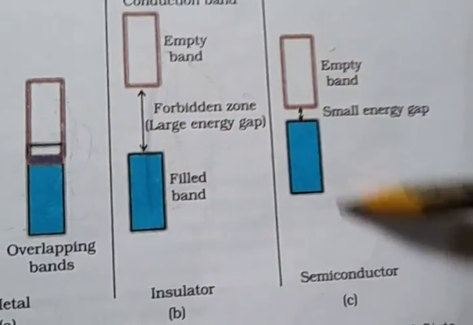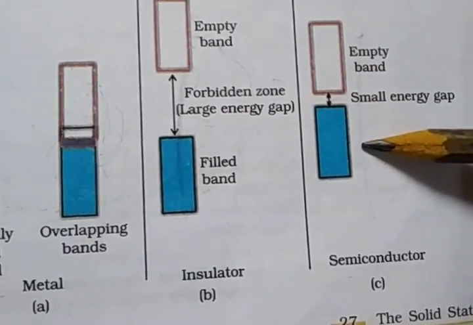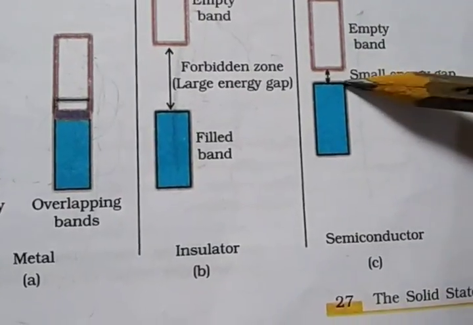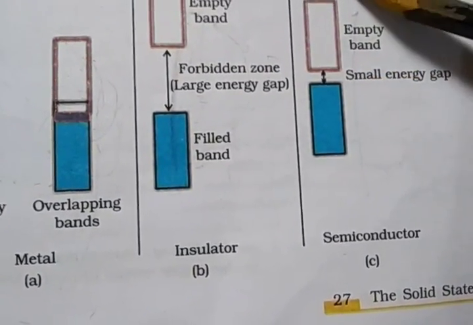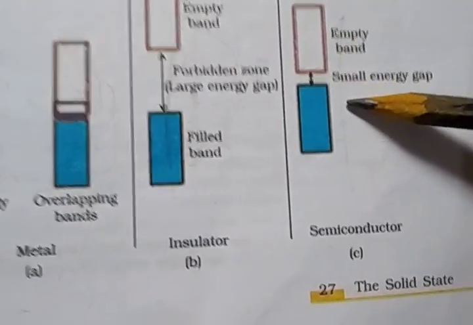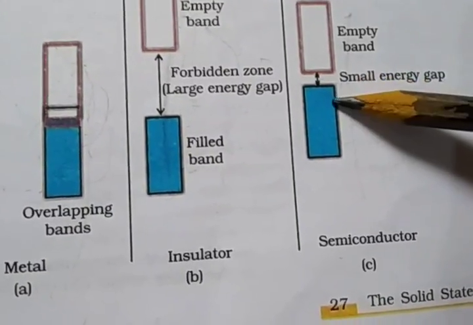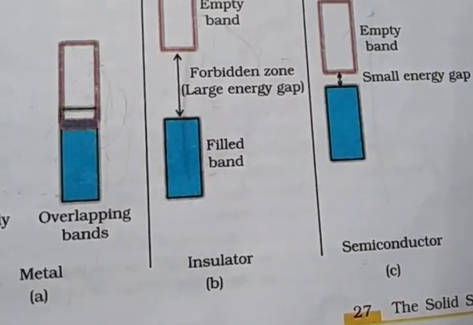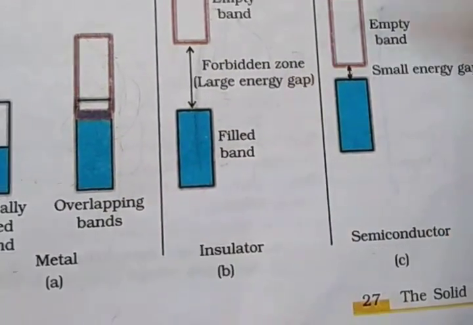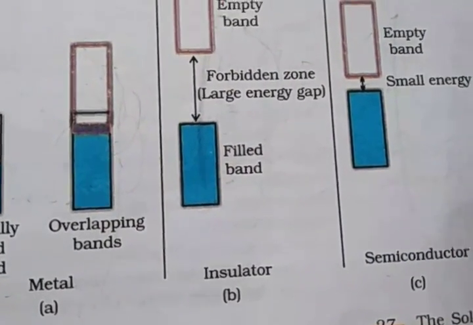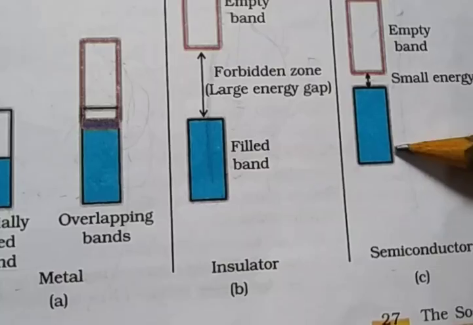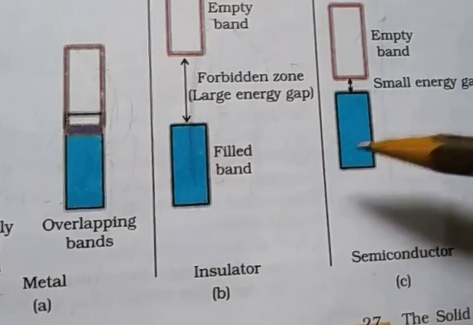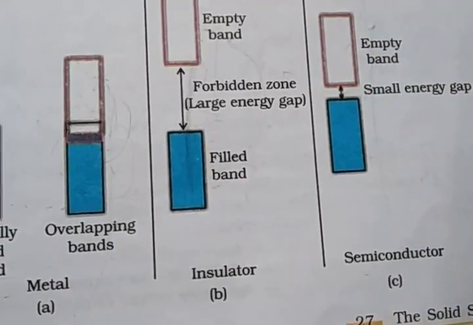So, conduction of electricity in a semiconductor. The gap between the valence band and the conduction band is small, right? So some electrons may jump to the conduction band and show some conductivity, but less in comparison to metals. The electrical conductivity of a semiconductor increases with a rise in temperature.